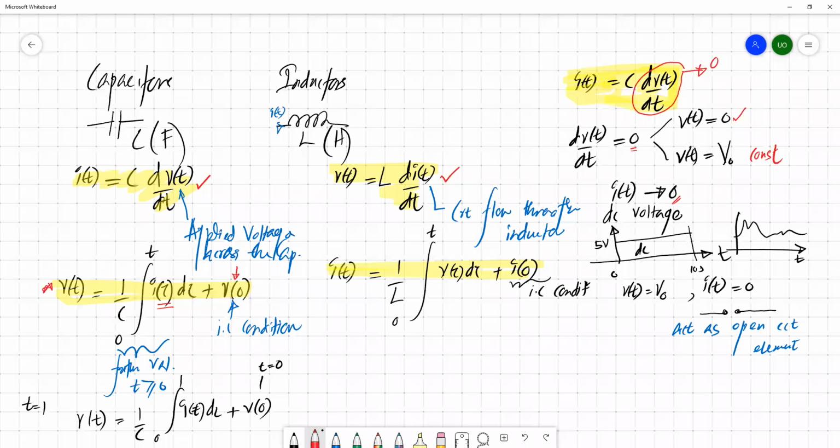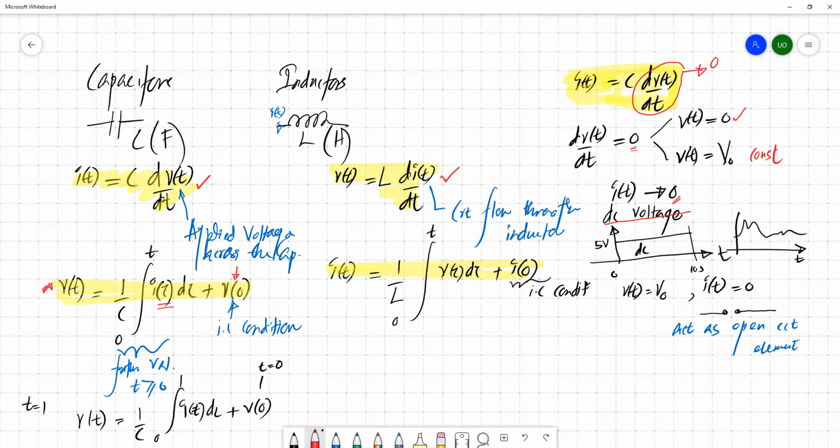Then we'll map this scenario into the physical scenario. If V(t) is a constant, it means we are applying a DC voltage. Once you apply a DC voltage, throughout the time we are interested in, the applied voltage is fixed and constant.